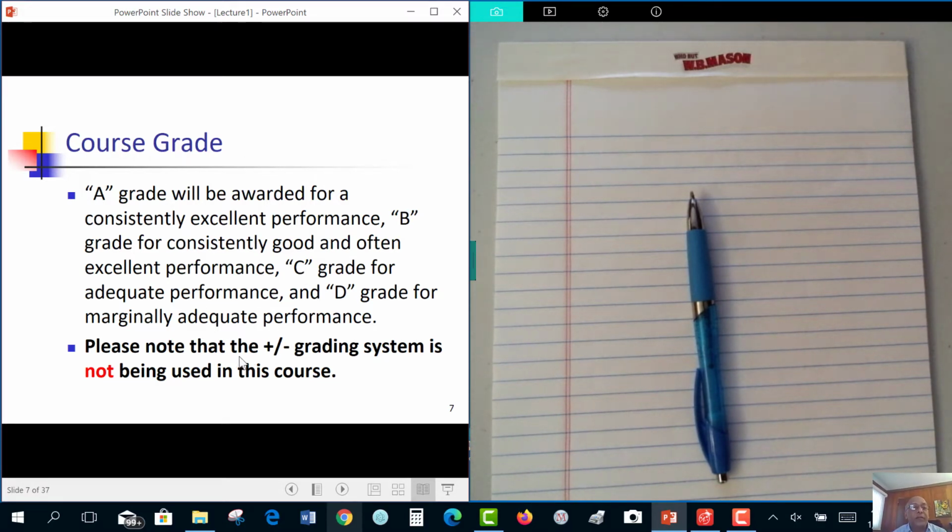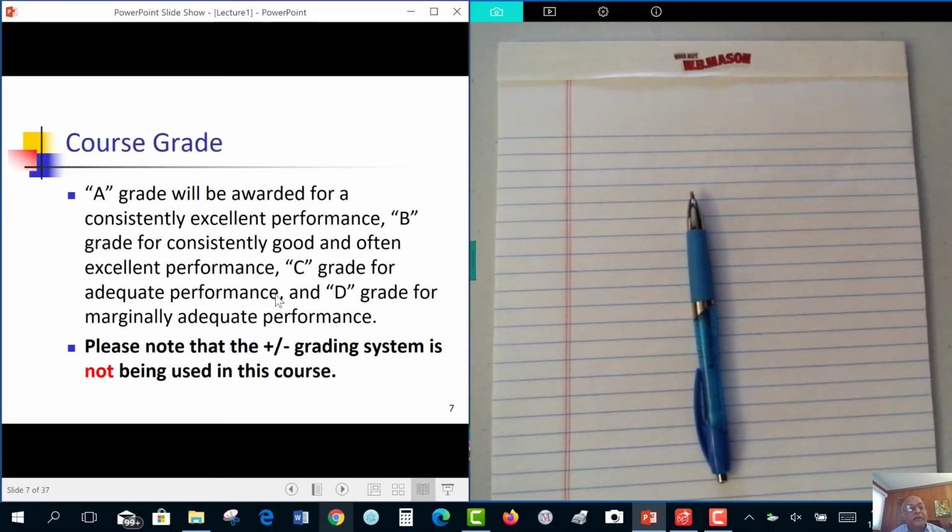I don't use the plus minus grading system. I know for a particular individual, sometimes the whole grade may not be very good, but for the aggregate student body, my statistics tell me that whole grades are much better than the plus minus grading system. So I'm going to use whole grades.